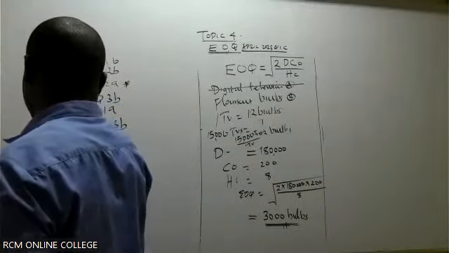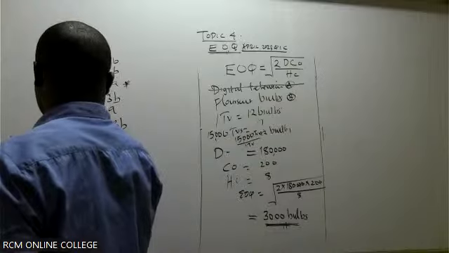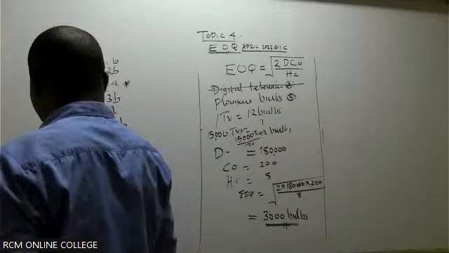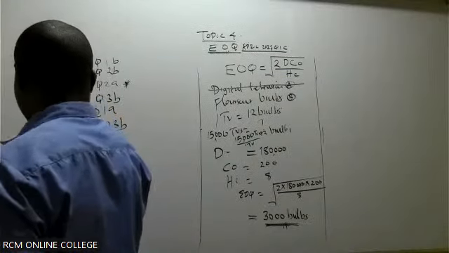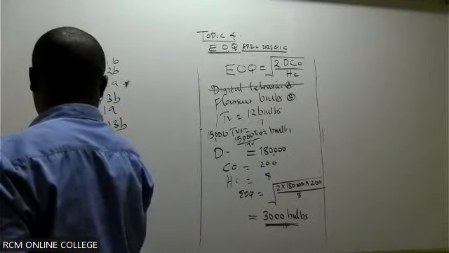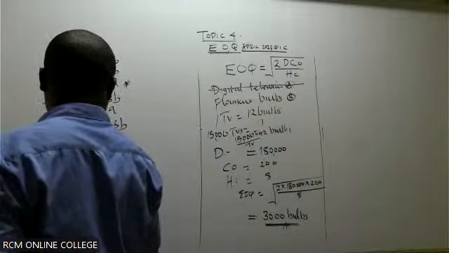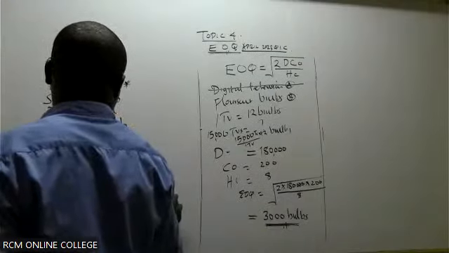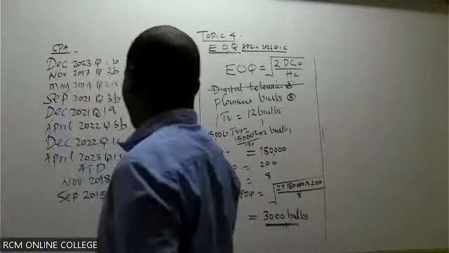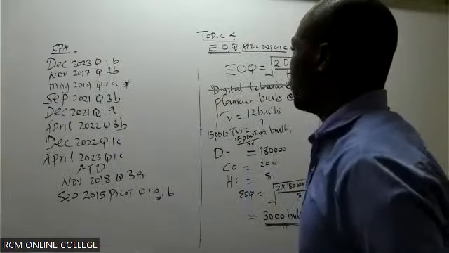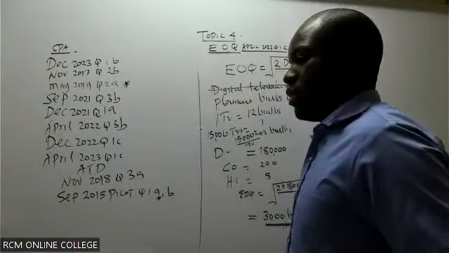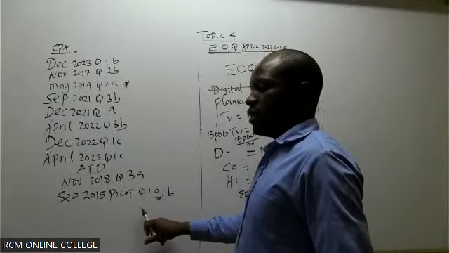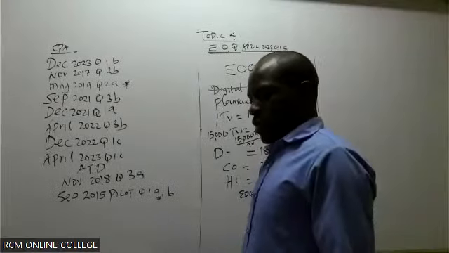I've only managed to access these two for now: November 2018, question number 3A, then September 2015 Pilot, question number 1A and B, whereby question number 1A is theory, assumptions of economic order quantity. So assumptions of economic order quantity was tested in this particular sitting.